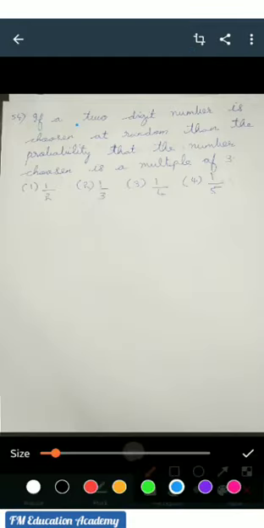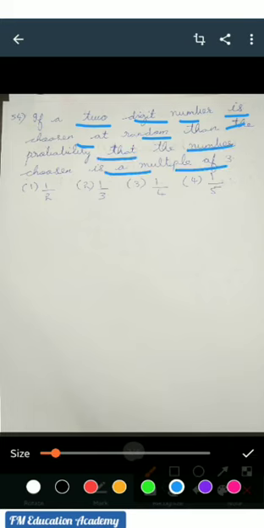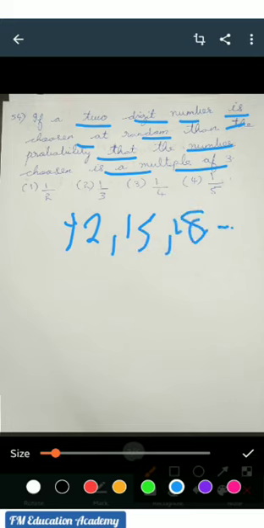Next question is, if a two-digit number is chosen at random, then the probability that the number chosen is a multiple of 3. We know that whenever we have two-digit numbers, we can have those which are multiples of 3, means 3 4s are 12, 3 5s are 15, 3 6s are 18, so on up to, what is the last number which we have? 99.